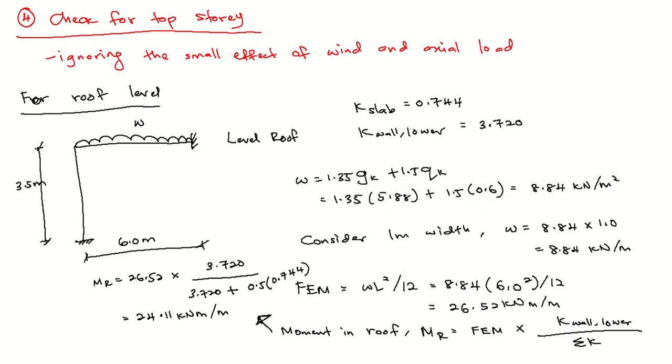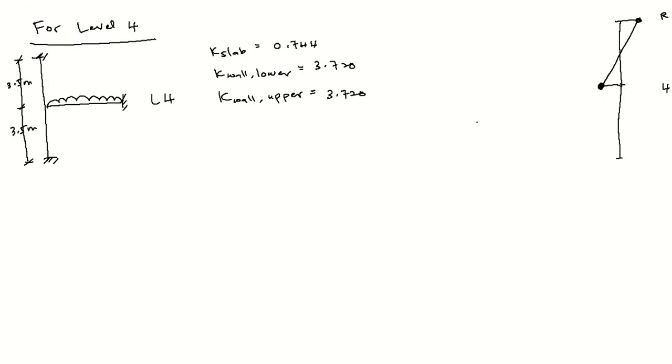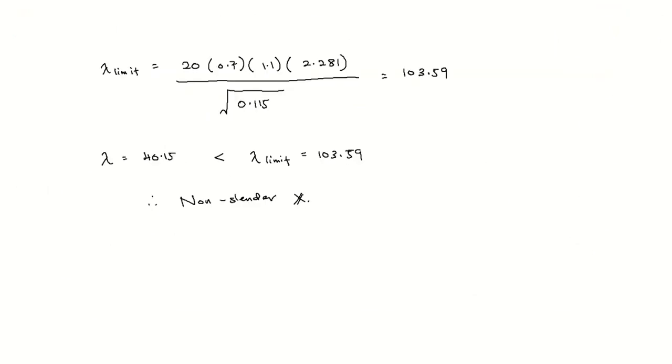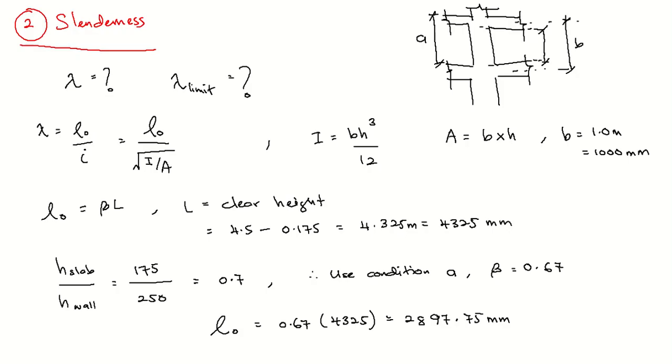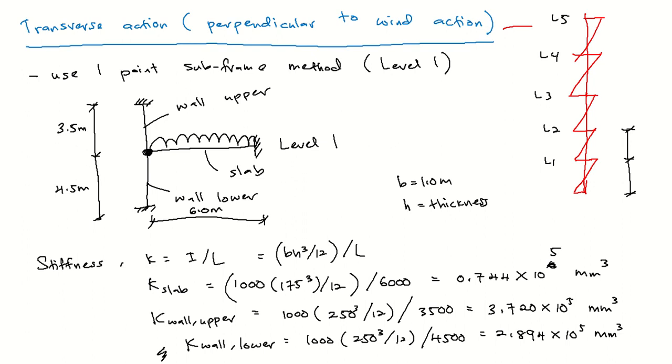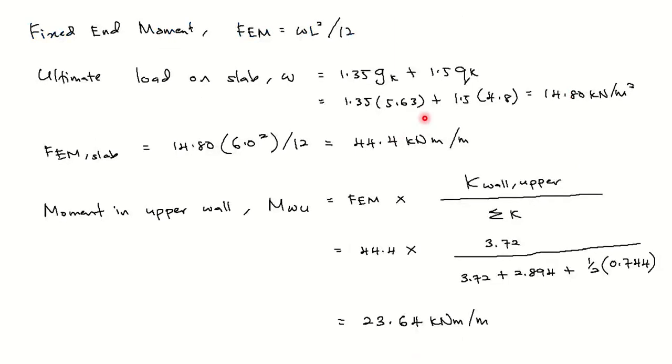So for level 4 here, to get the W, we can use the same as level 1 because they have the same GK and QK, as in level ground to first floor. So we can use this 14.80 kilonewton per meter square for the W.